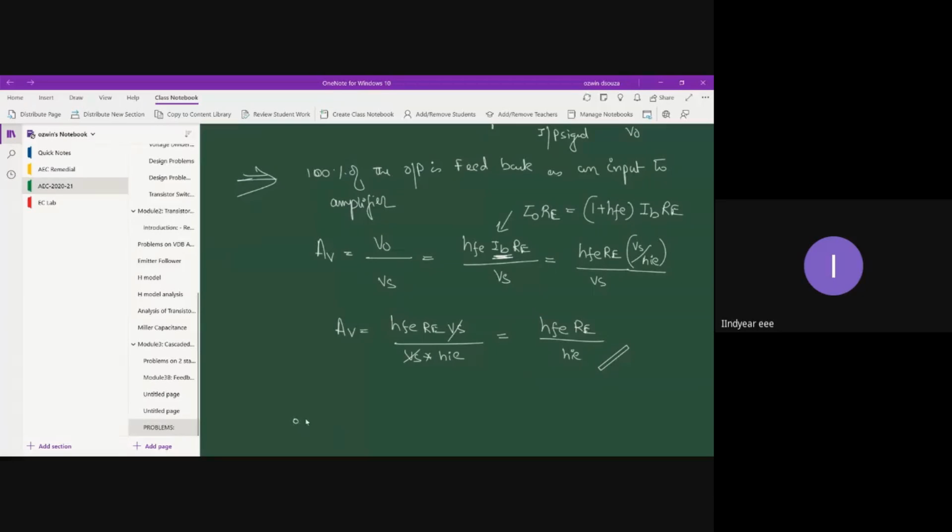Therefore the closed loop voltage gain AF can be given as A divided by 1 plus A beta. What is A? A is hFE RE divided by hie.